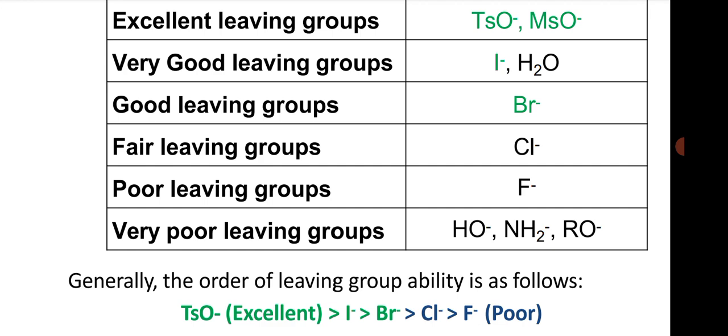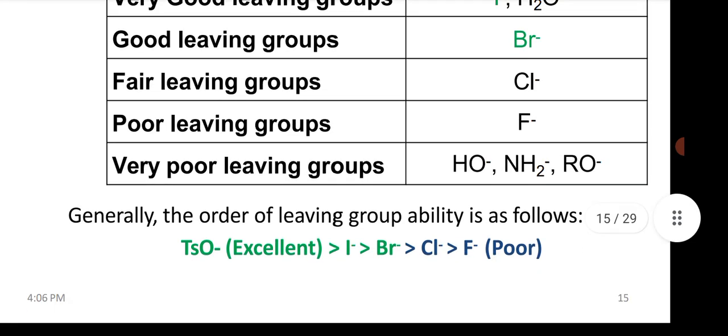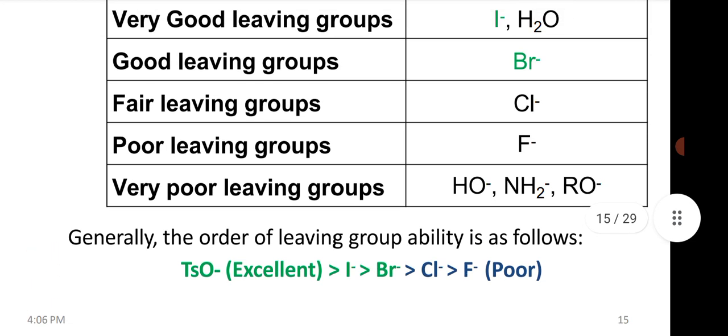TsO negative is excellent, after that iodide, then bromide, then chloride, and fluoride is the poor one. So up to here I completed my part of the presentation. If you have any questions, you can ask or comment in the comment section.